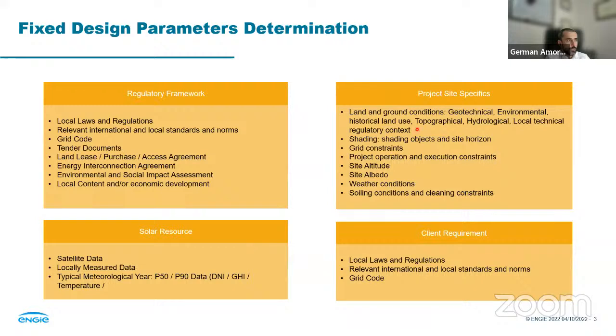For the main inputs, as we commented previously, there are the geotechnical issues, and the environmental, topographic and hydrologic aspects, site access constraints, and for sure the grid code constraints that we can find, weather conditions, etc. Additionally to the project's site specifics, the solar resource is another main topic, because of the global radiation and the latitude at which we are going to install the project.